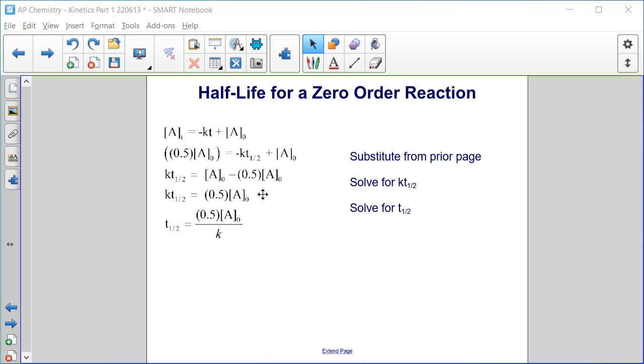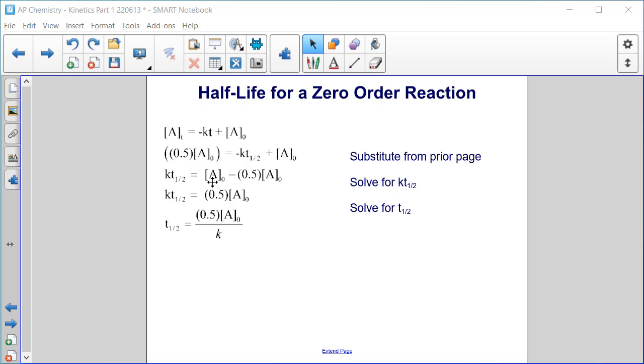I've got to do a little bit of work here. So this is 1 times the initial concentration minus 1/2 of the initial concentration, which is just half the initial concentration. This is just combining like terms.